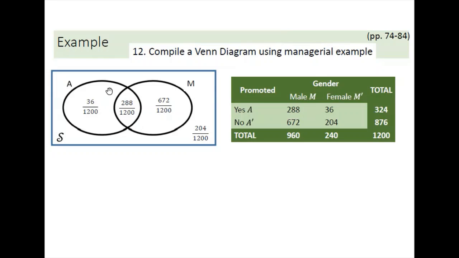We have already 288. So this part: A is divided into male and female. Promotion is divided into males and females.